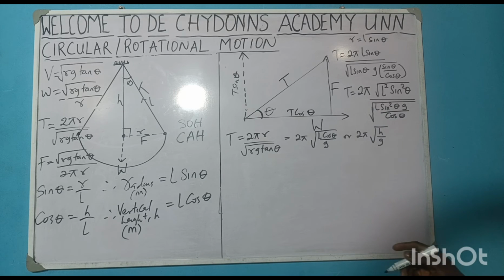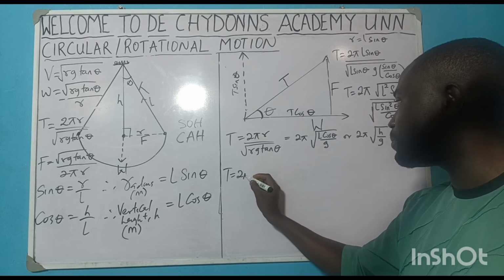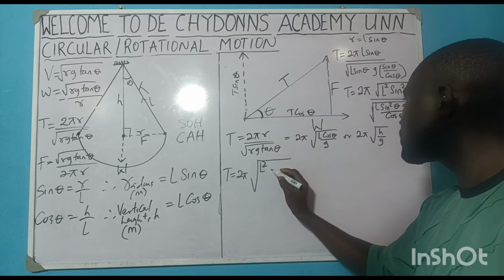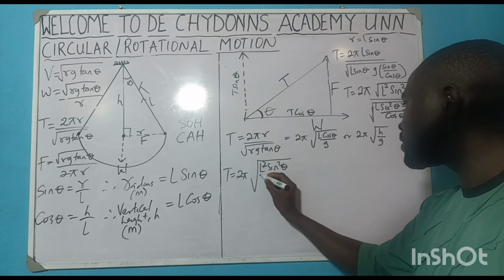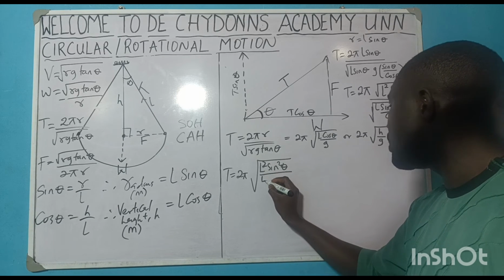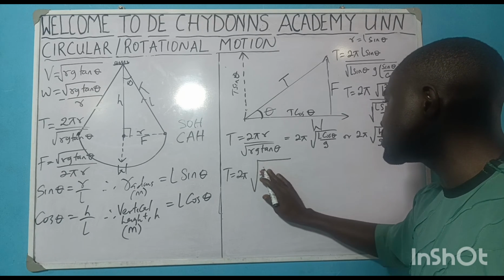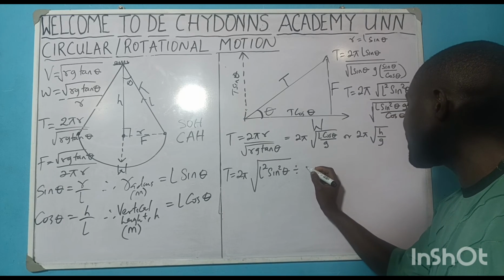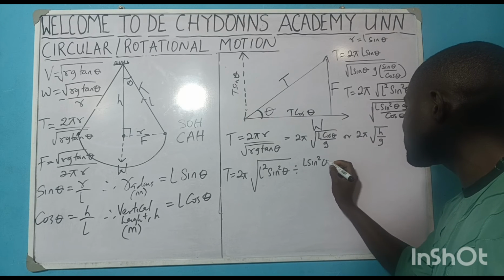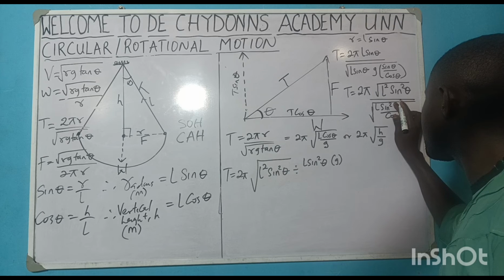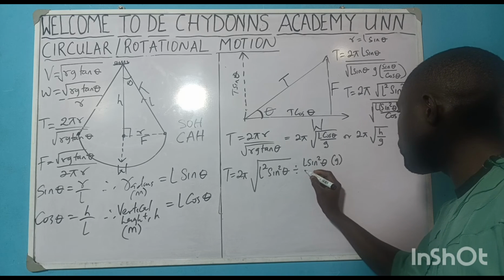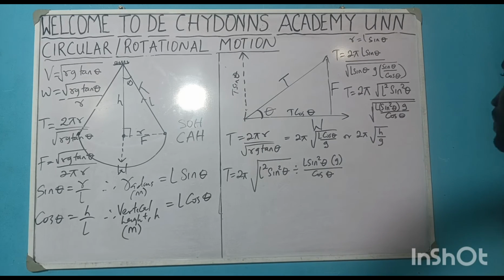So what I will do here is say T is equal to 2 pi square root of L squared sin square theta divided by L sin square theta G all over cos theta. Let's write it well. So they are inside square root, all of them.